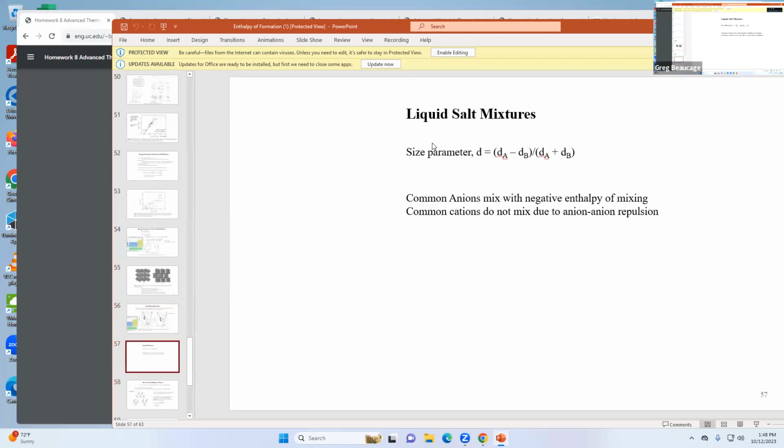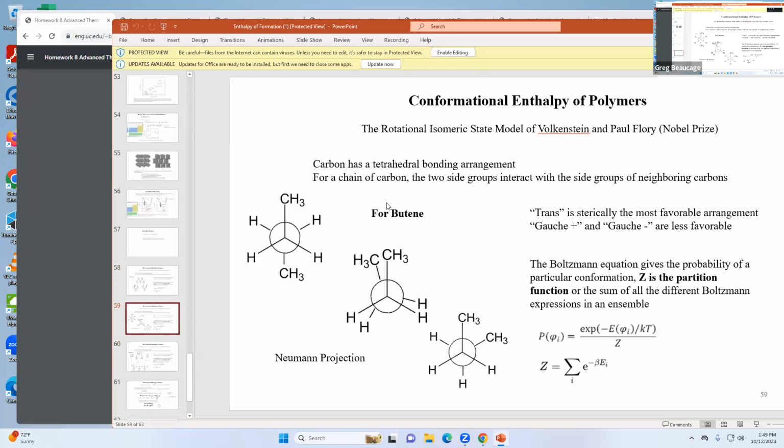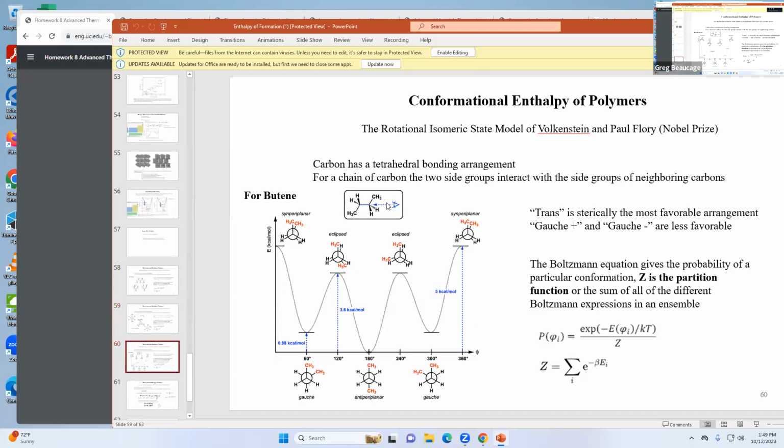So I mentioned the polymer thing. Wolkenstein is the guy, and this is what Flory won his Nobel Prize for. Wolkenstein published the same thing about 5 years before in Russian. Then Flory published a book that's almost a duplicate, and he was fluent in Russian, and won the Nobel Prize for that book on calculating the energy of a polymer chain based on the rotation of the bonds, the energy of rotation.